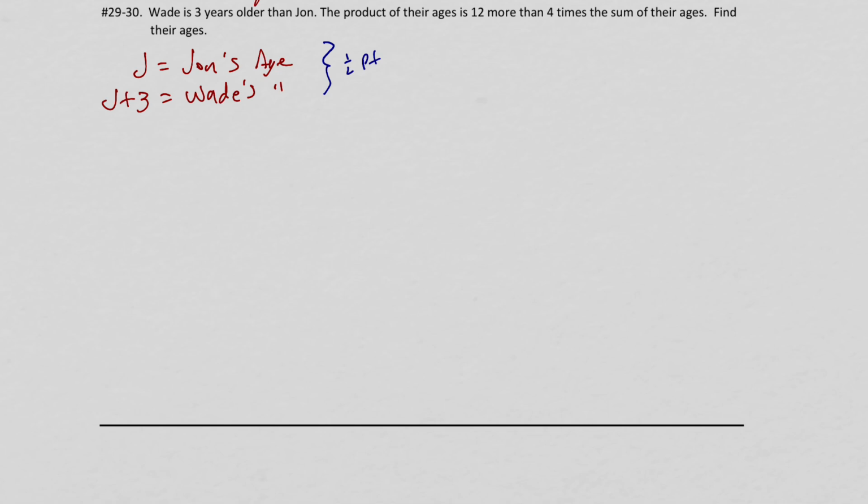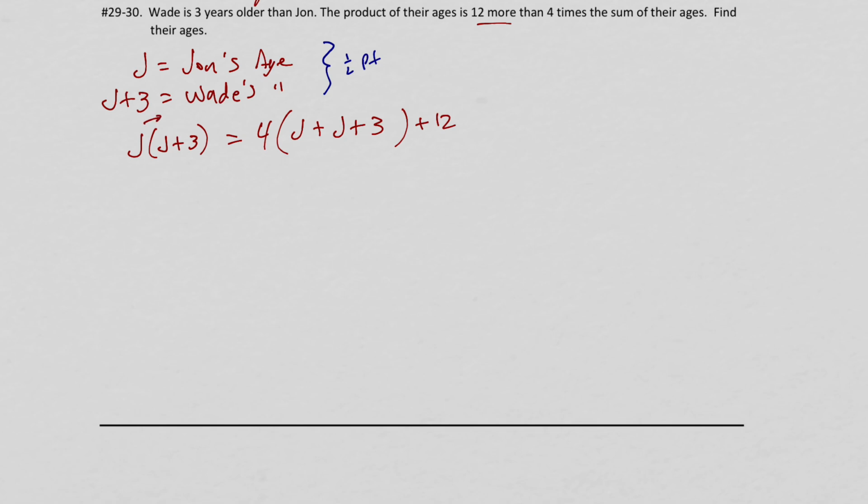Okay. Now, it says the product of their ages. So I'm just multiplying those things. Is 12 more than 4 times the sum of their ages. Well, 4 times the sum is 4 times J plus 3. That's 4 times the sum, and it's 12 more than that.